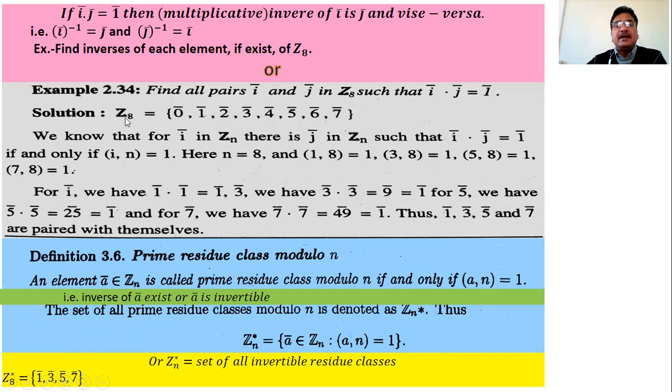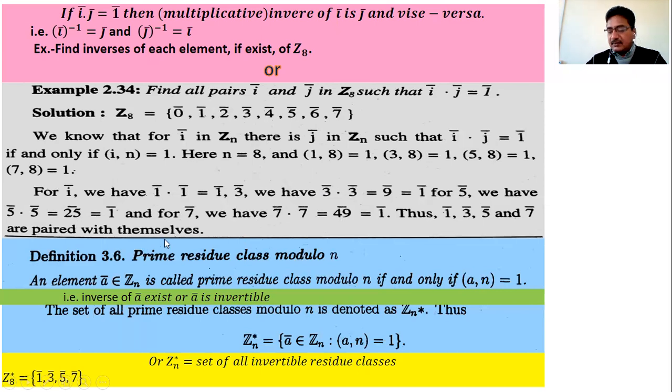And 7 and 8 have greatest common divisor 1, so 7 bar inverse exists. So in this Z8, only these 4 elements 1, 3, 5 and 7 have a multiplicative inverse. And what are they? 1 bar inverse is itself 1 bar, 3 bar inverse is 3 bar, and so on.